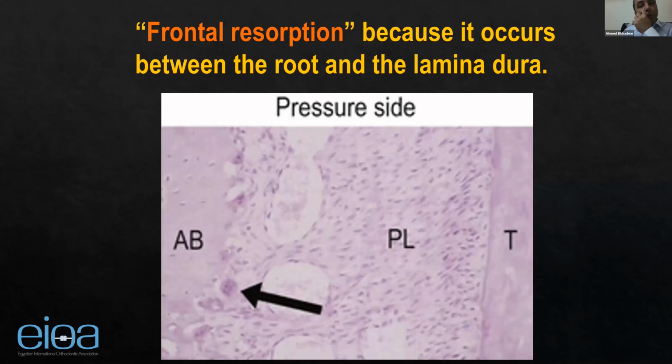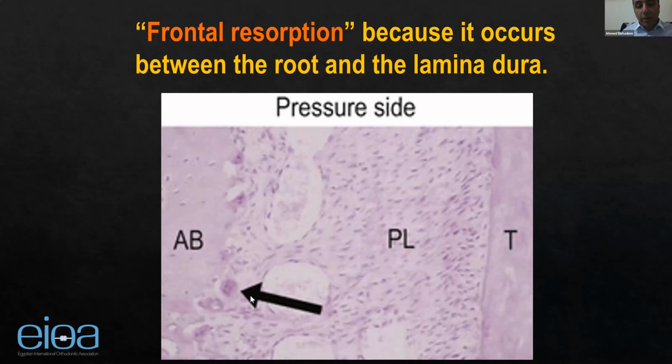All right. So frontal resorption, and this is a slide that comes frequently in the M-ortho exams. It's a histological cut section taken in a monkey or a rat. Here you can see clearly that this is the alveolar side and this is the tooth side. And you can see here more than one nucleus in a cell.